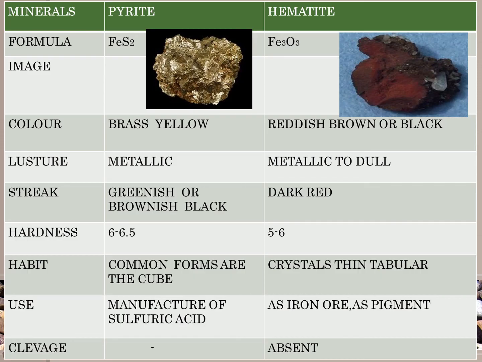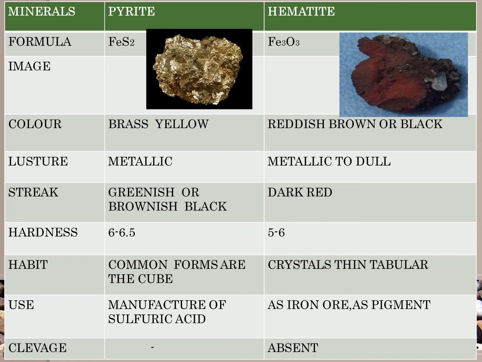Ayan po ang ating minerals, your pyrite, hematite, color brass yellow, reddish brown, luster, metallic to dull. Your streak is greenish or brownish compared to the hematite, which is dark red. Hardness of the pyrite is 6 to 6.5 and 5 to 6 naman para sa hematite.